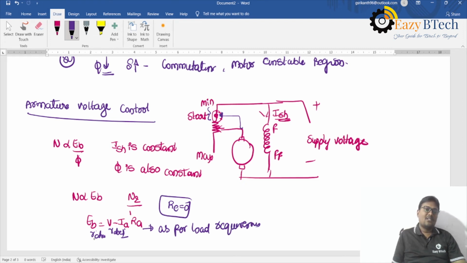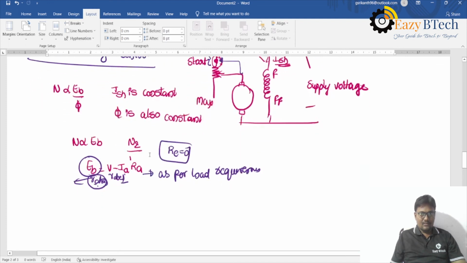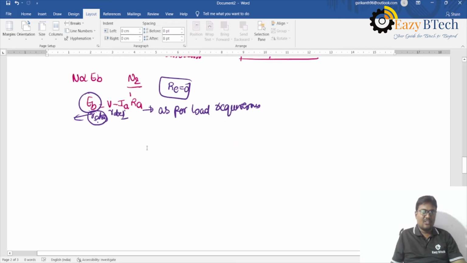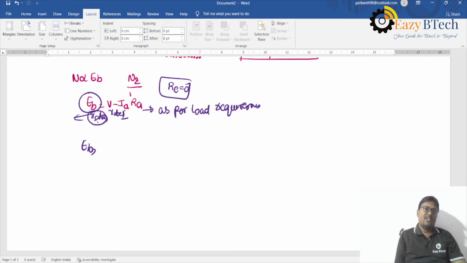So if it is under no load condition, this is rated. Under full load condition, yes, the EB value changes, right? Once this resistance is included, external resistance in series with the armature, now see the drop. EB2 is equal to V minus Ia into RE.